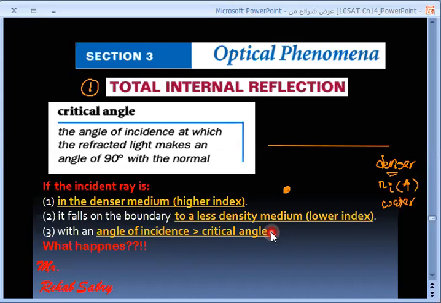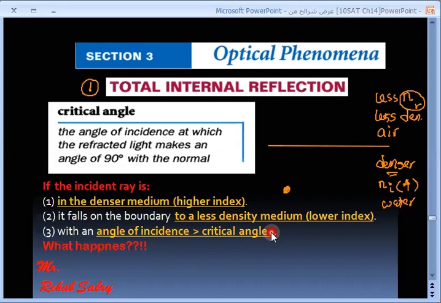And here we have air, which is lighter or less dense, and less refractive index. The light will be refracted in this medium, so it will have the symbol NR. The refractive index will be NR, it's less.